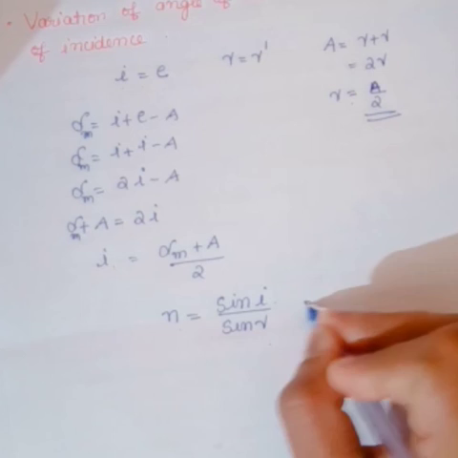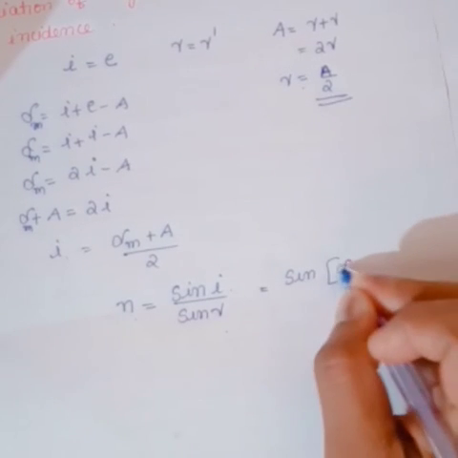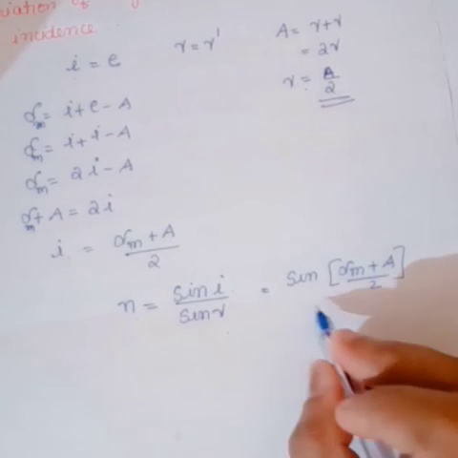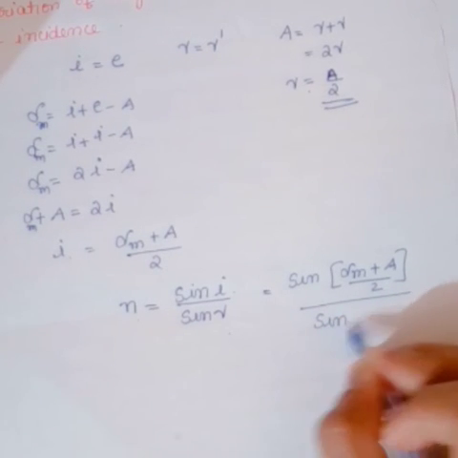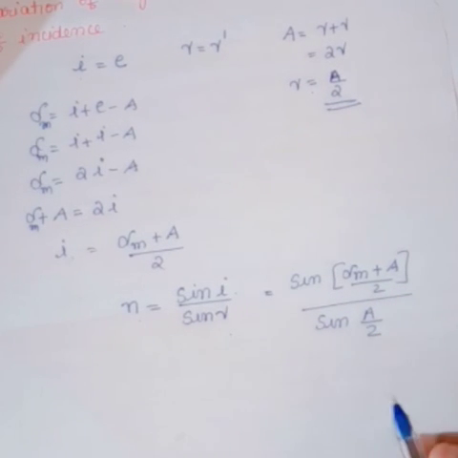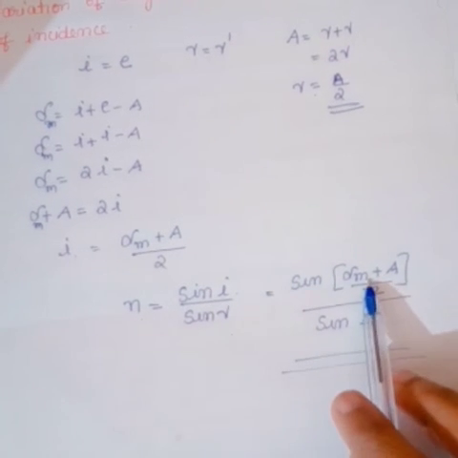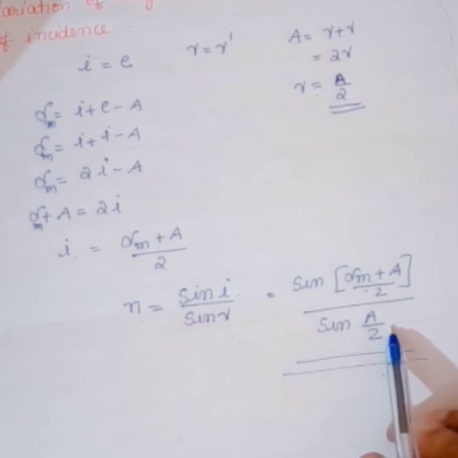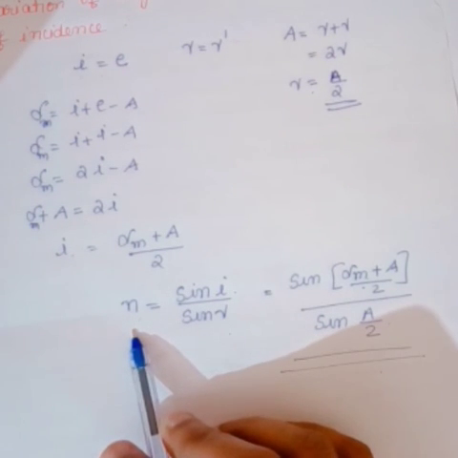So sin I means sin of (delta M plus A) by 2, all divided by sin R, that is sin A by 2. So n is equal to sin (delta M plus A) by 2 divided by sin A by 2. By using this equation you can find the refractive index of a prism n.